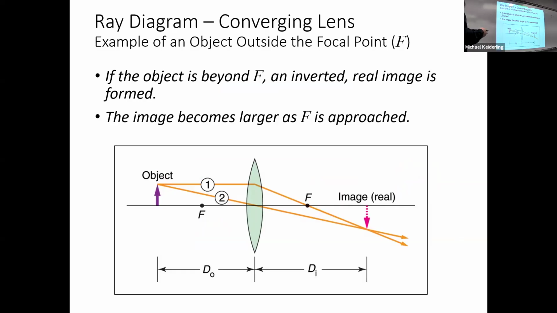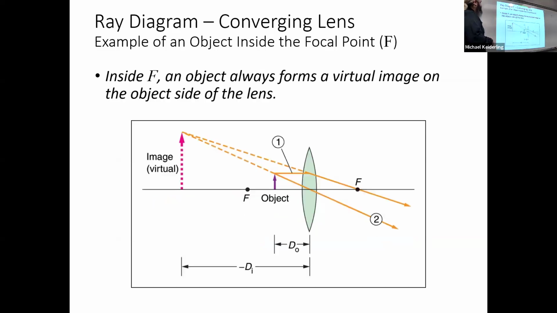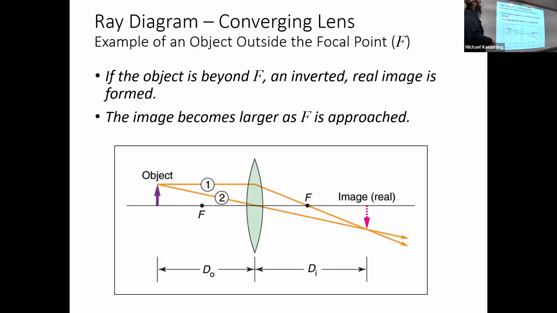For a converging lens, if the object is beyond the focal length, you get an inverted real image formed. The image becomes larger as the focal point is approached. The image will become bigger than the object when it's between the focal point and twice the focal length from the lens.